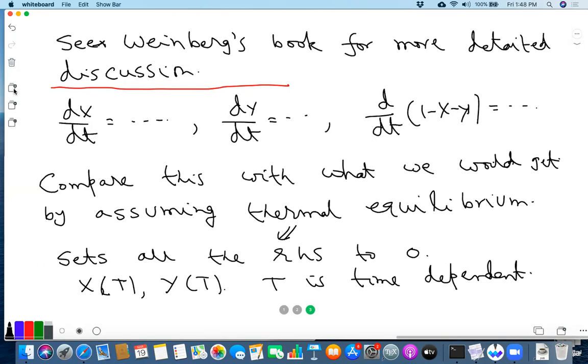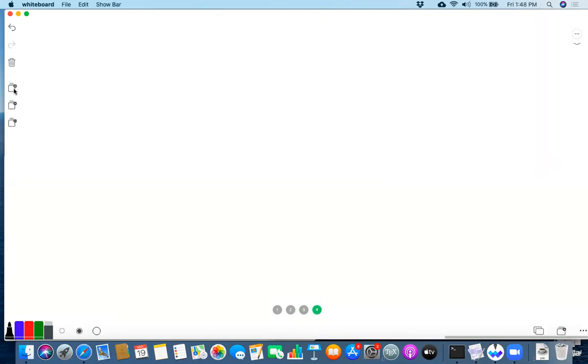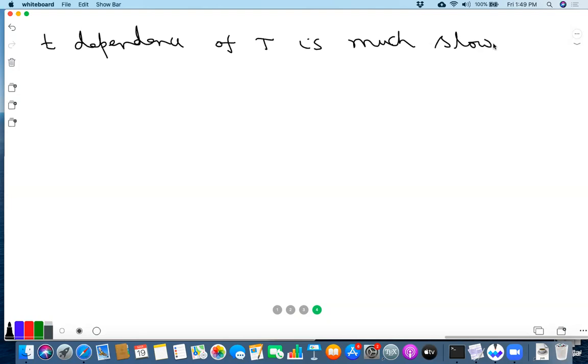But the point of using the thermal equilibrium solution is that the time dependence, that T dependence of the temperature, is much slower than the reaction rates.